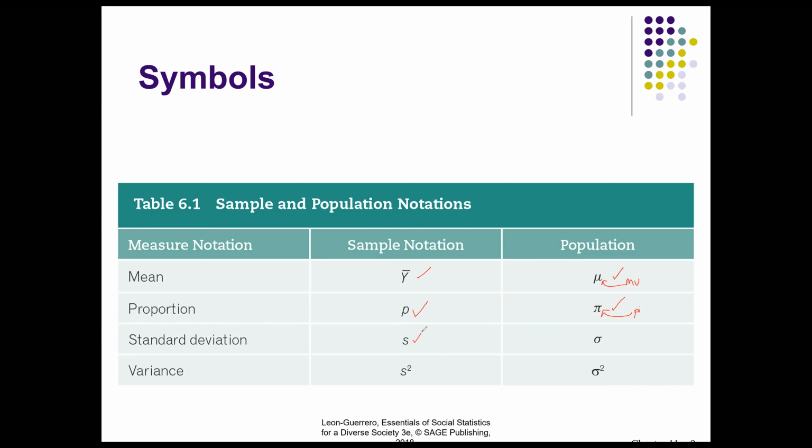The symbol for the standard deviation from a sample here is the lowercase s. This here is the symbol for the standard deviation from a population distribution. And then this is the variance symbol, the s squared, and then this is the variance symbol from a population distribution.